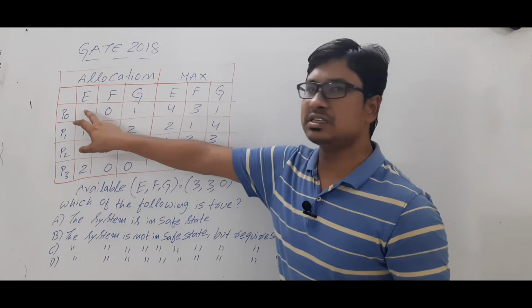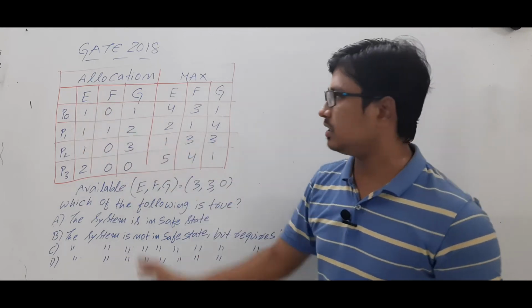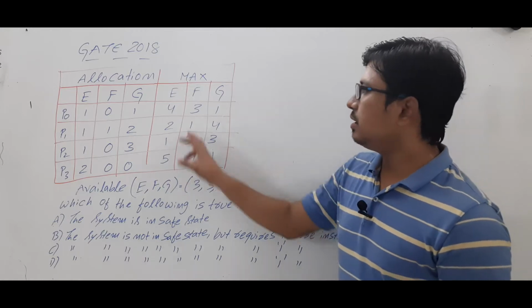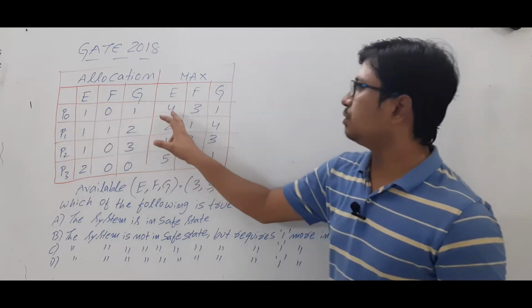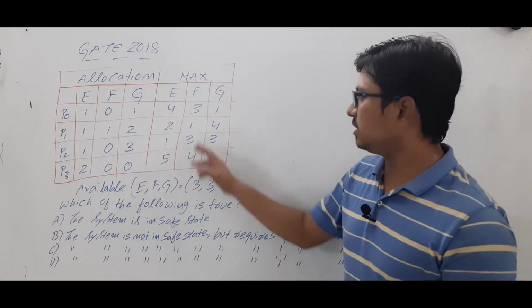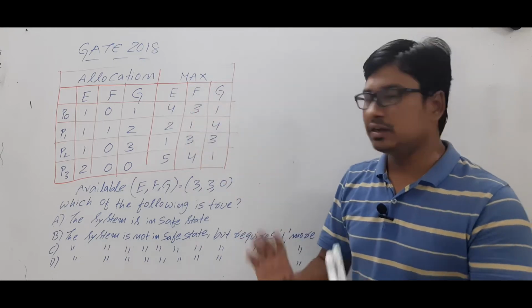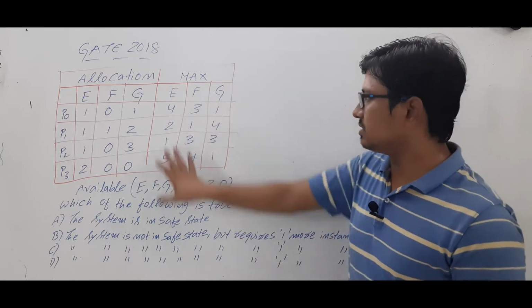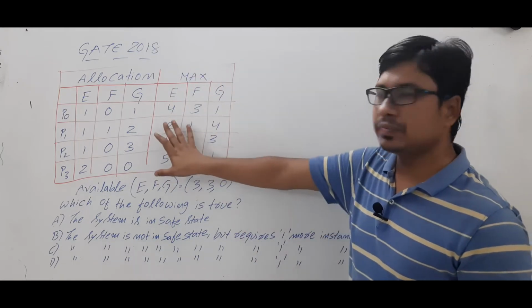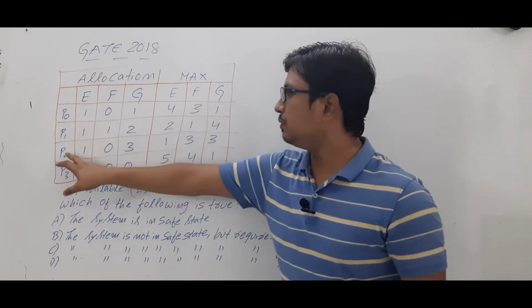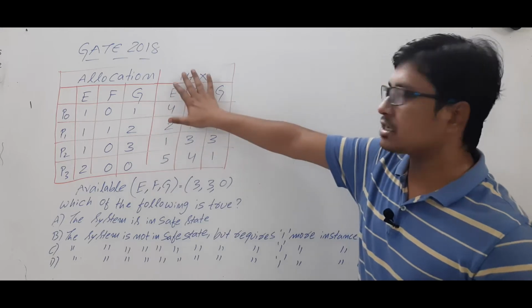Meaning is that one instance of E and G have been allocated and there is no allocation of resource F. But process P0 needs 4 units of resource E, 3 instances of resource F, 1 instance of resource G. This is the maximum requirement to complete the task. Similarly, P1, P2, P3. So this is the maximum requirement.